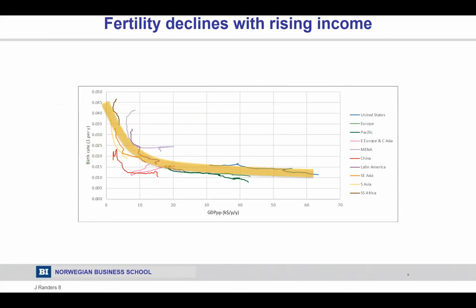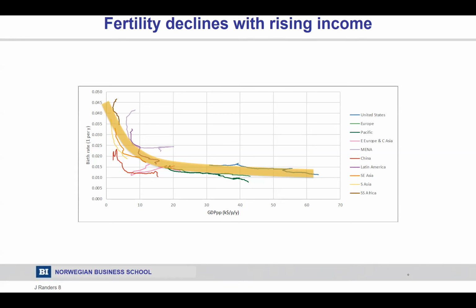So here in this graph, there is fertility. It's the birth rate along the vertical axis, and it is the income, the GDP per person of the nation, along the horizontal axis, measured in 2017 PPP dollars. And you see, these are now for the 10 regions that we have split the world into.